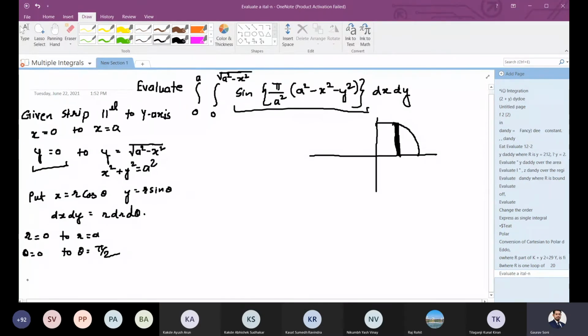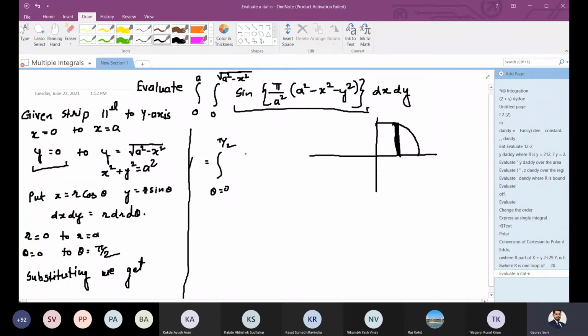So substituting, we get the integration with theta running from 0 to pi by 2, r running from 0 to a, sine of pi by a square in bracket a square minus r square, since x square plus y square is actually r square.